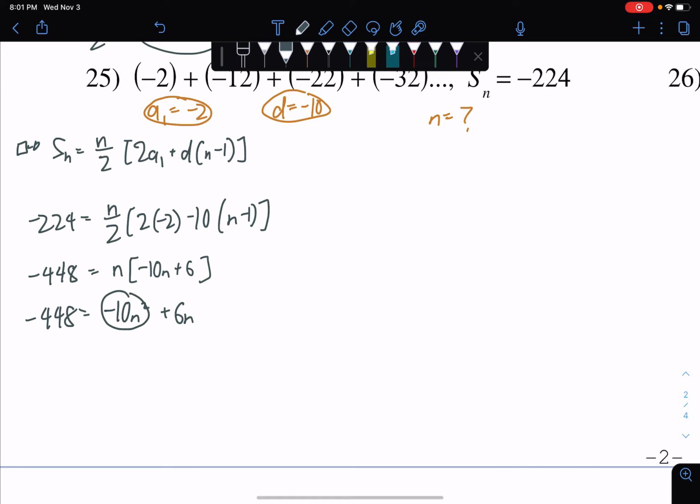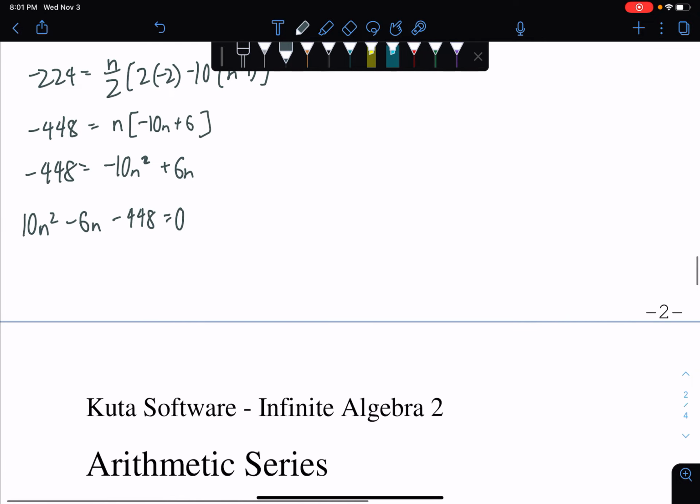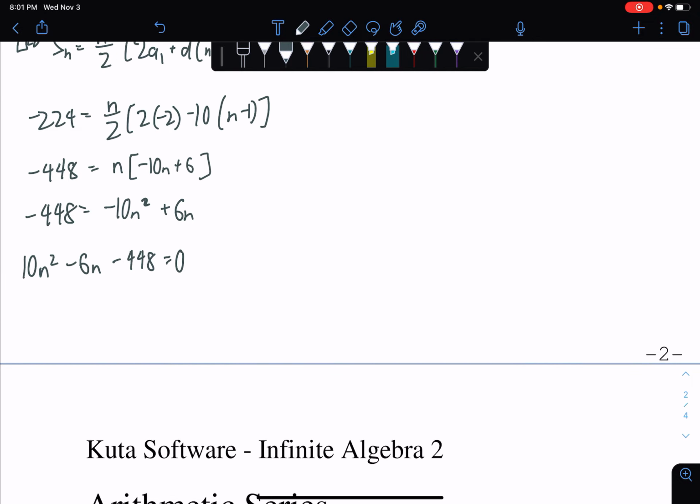It feels better to find our first term, which is the one usually with squared. So move negative 10n raised to 2 to the other side, make it positive, and minus 6n. And you don't have to move 448 anymore. So in this scenario, the best solution right now is to use the calculator again to factor this expression, because it's super big.